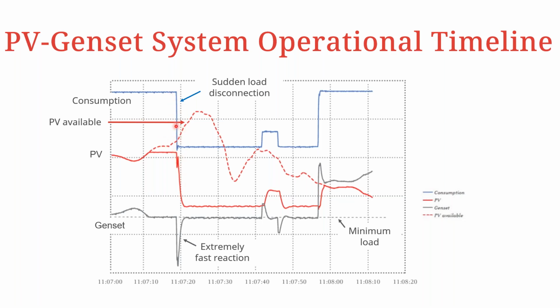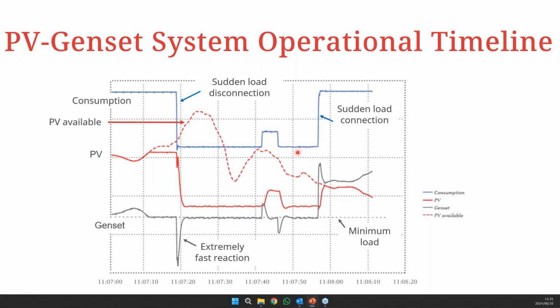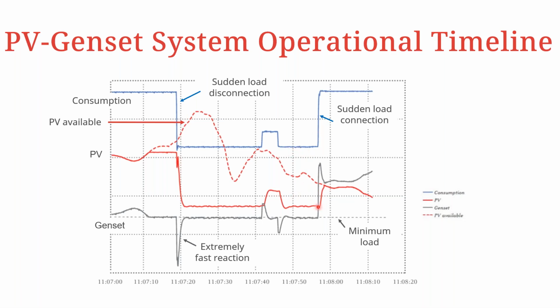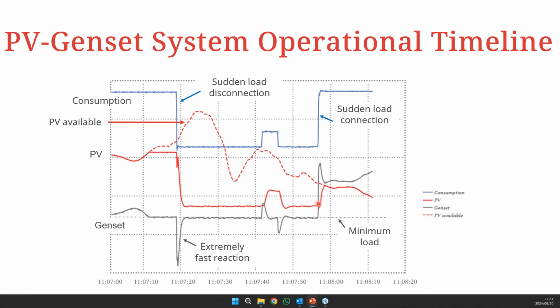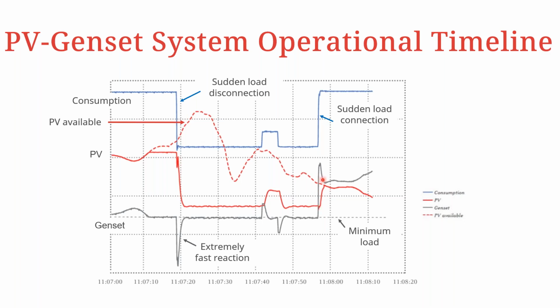We're not pushing any energy back into the genset itself. It's the same principle when the load comes back: the PV is switched back to 60 or 70% of the load to help stabilize the load injection that we need for the system.